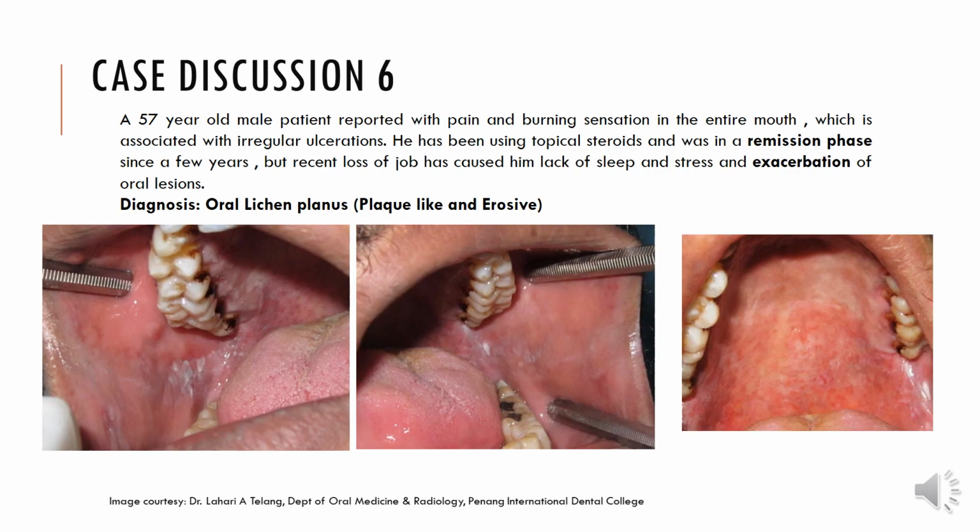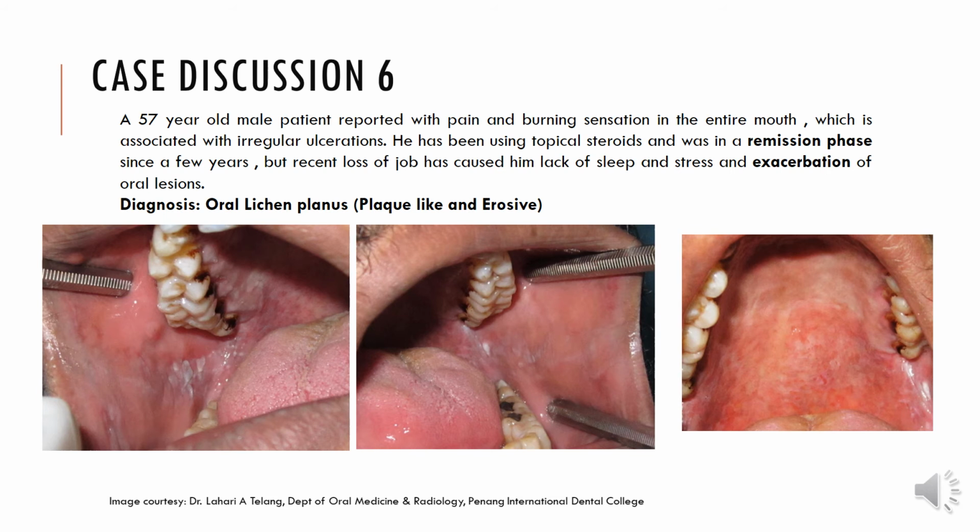Case 6 is also lichen planus, but this is slightly different. It is seen in a 57-year-old male who reported with pain and burning sensation in the entire mouth. It is associated with irregular ulceration, so he had noticed the presence of ulcers in his mouth. He has been using topical steroids already and was in a remission phase for a few years.